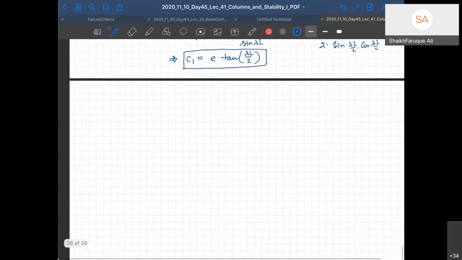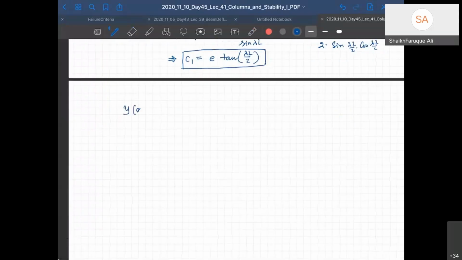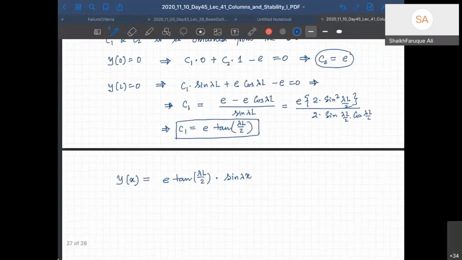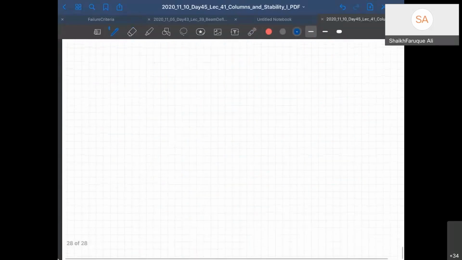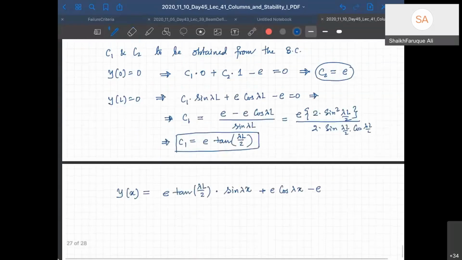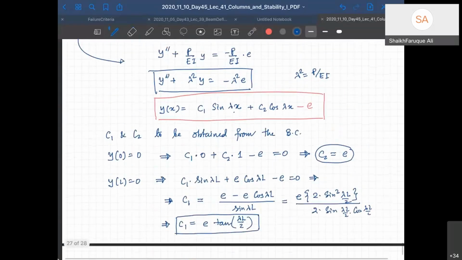And therefore, your Y now becomes equal to E tan lambda L by 2 into sine lambda x, not L, sine lambda x, and then plus E cos lambda x minus E. Is that correct? Yeah, that's correct.